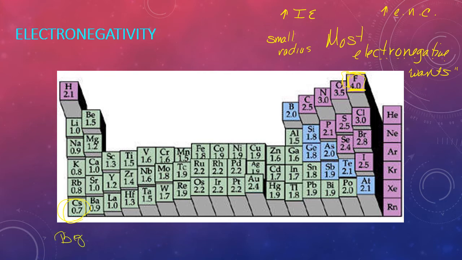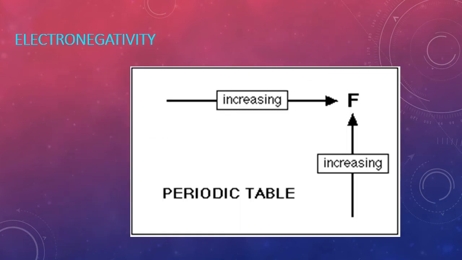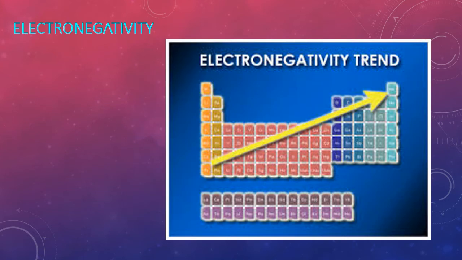Its effective nuclear charge as compared to anything else in its row is not as big. It has a low ionization energy, and it has a low electronegativity. If you guessed that the electronegativity trend is identical to that of ionization energy, you are exactly right. Most, and way down here, least. And the trend, just like ionization energy, sort of an arrow all the way up to the fluorine corner.